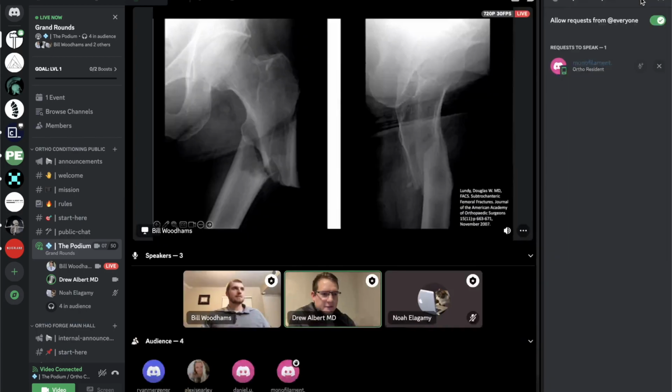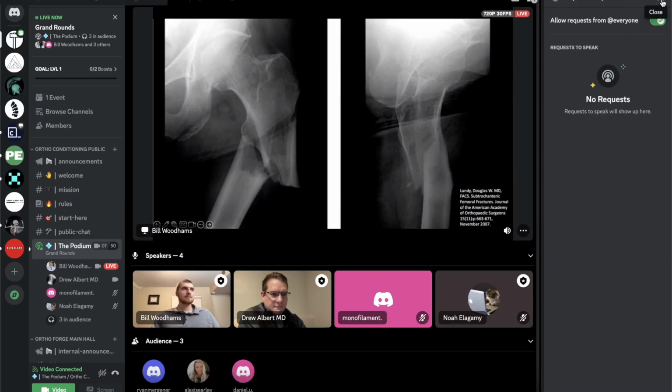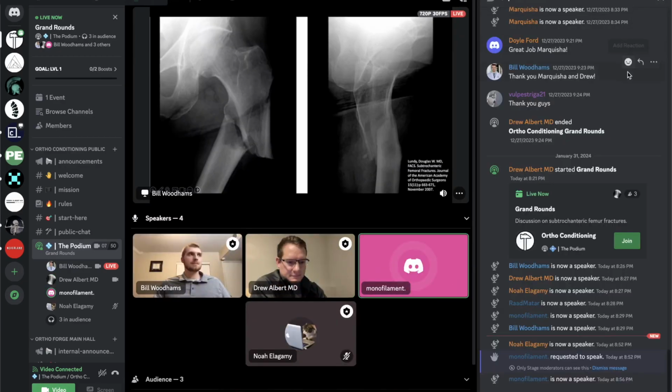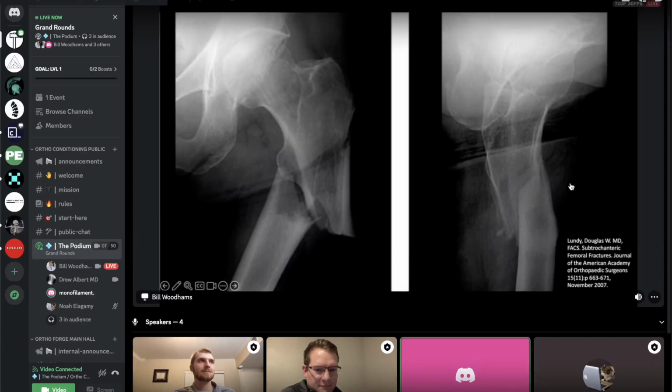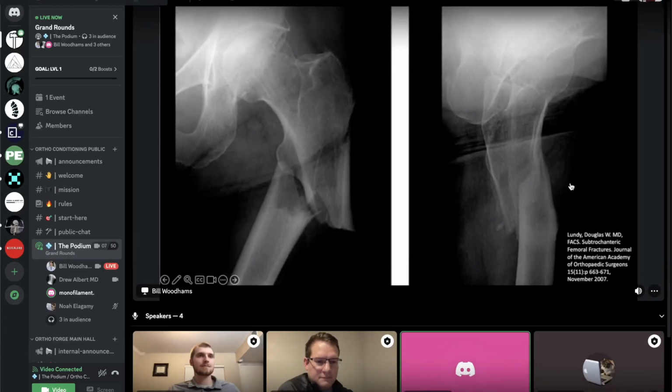Whoa, someone's raising their hand. Let's see. I had my hand up for the last one, but I think I'll give it a go. So you have your piriformis, superior gemellus, inferior gemellus, obturator internus, and quadratus femoris.